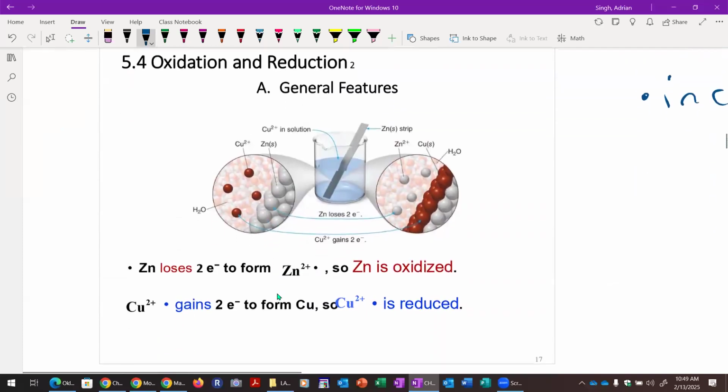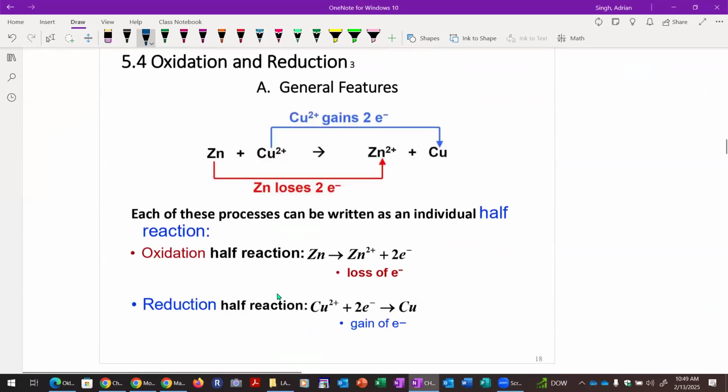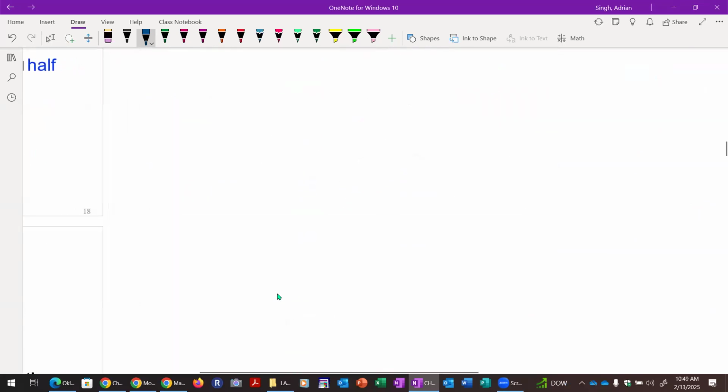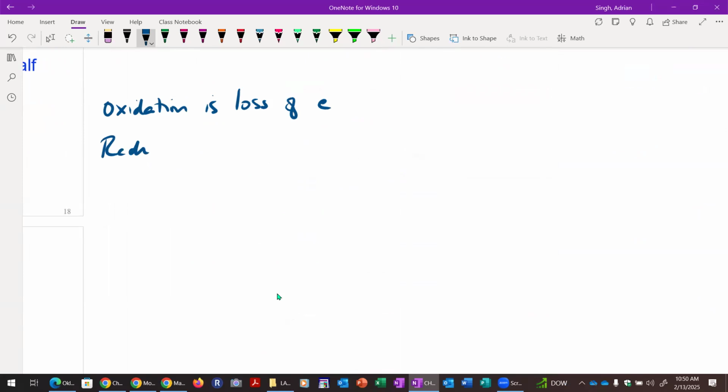Let's look at a slightly different example here to illustrate this. In terms of the electrons, we said oxidation is the loss of electrons, and then reduction is the gain. Now, what impact does this have on the charges of the species involved?